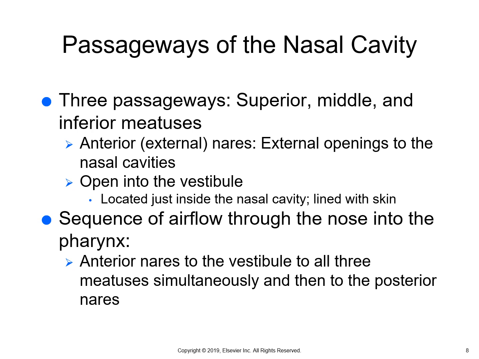That air then moves through all three meatuses at the same time, and finally the air travels to the posterior nares, which lead to the pharynx. And then it'll go from there down into our lungs.